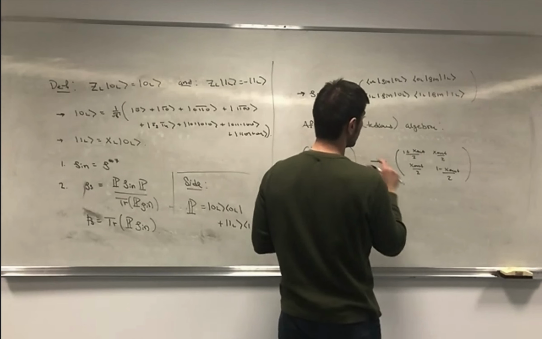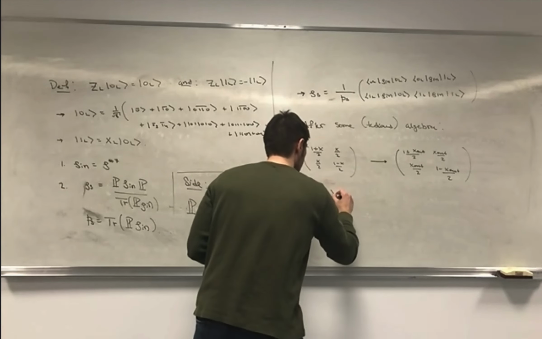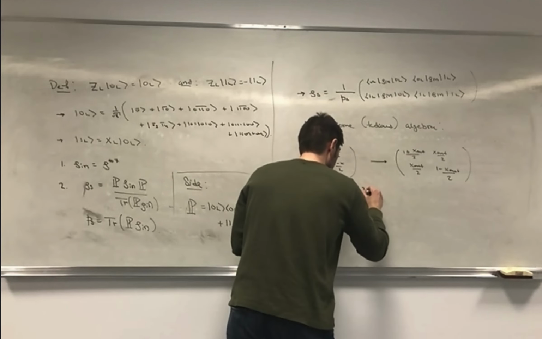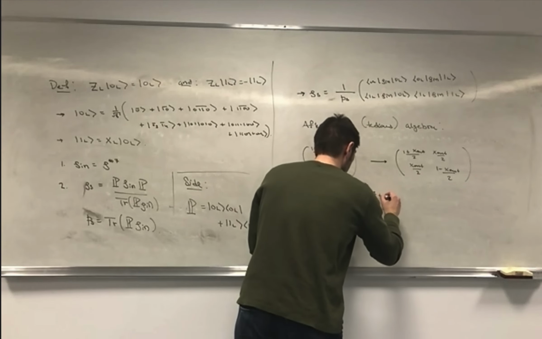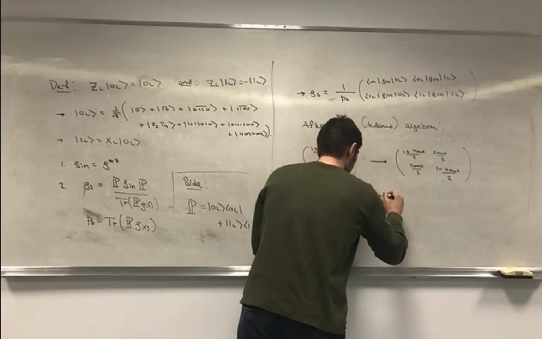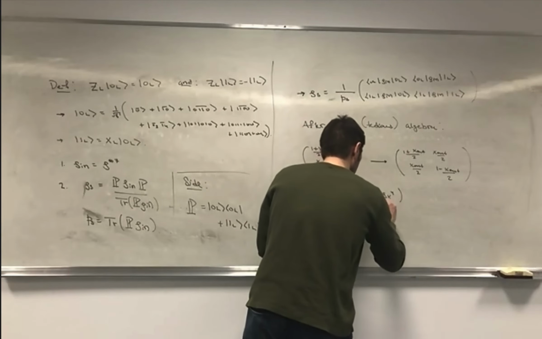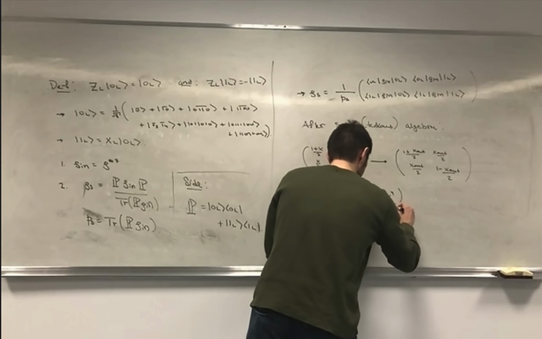And now we know we can compute that this x out is equal to x cubed times 7 plus 8x to the 4th, over 1 plus 14x to the 4th.